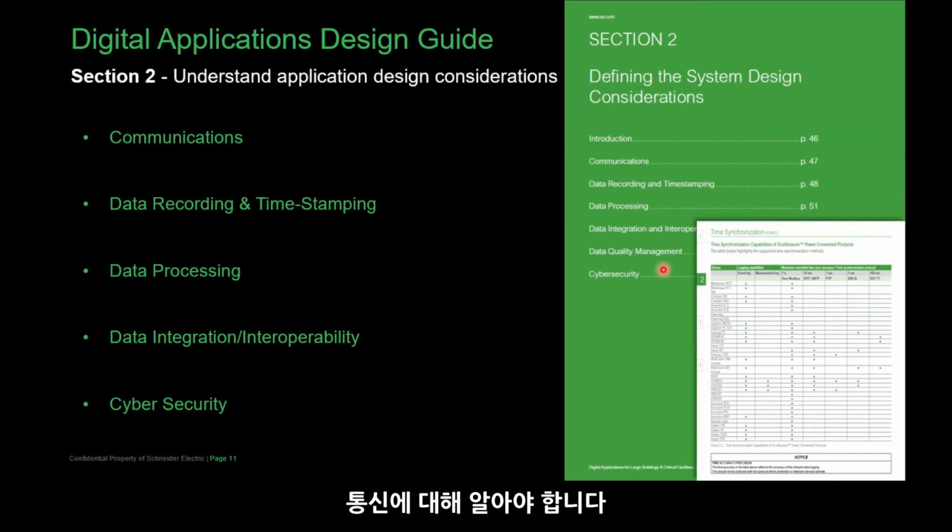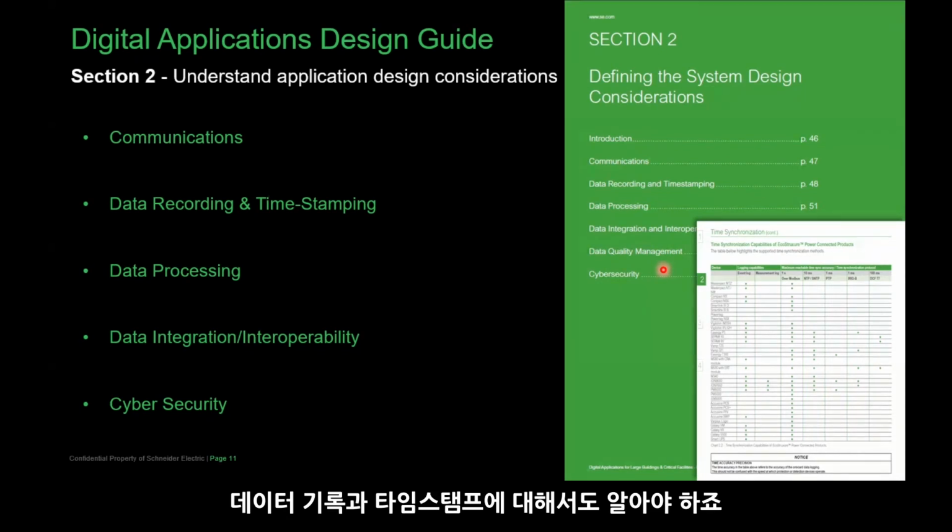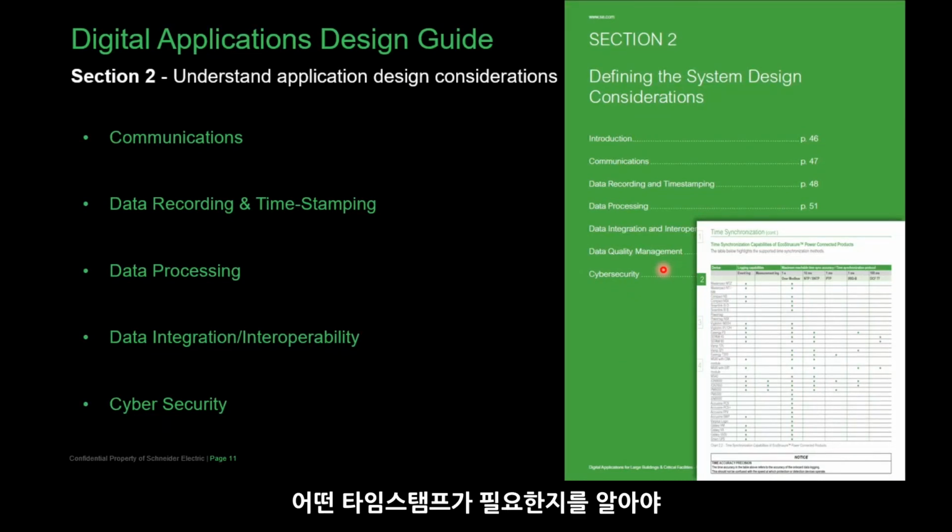You need to know the communication, data recording and timestamping. It's important to know what electrical parameters and what frequency of data recording and timestamping they require, so that you are able to capture the event and make it meaningful for you to make certain decisions when you find there's some disruption in your electrical systems.